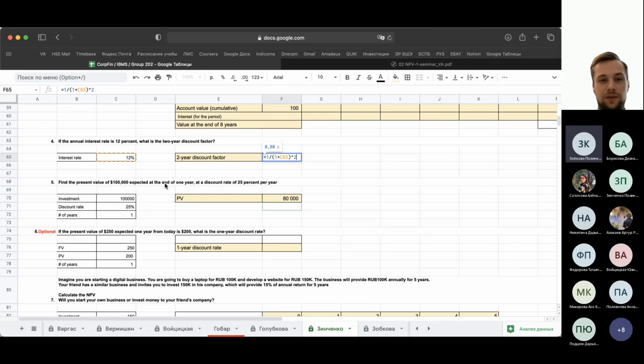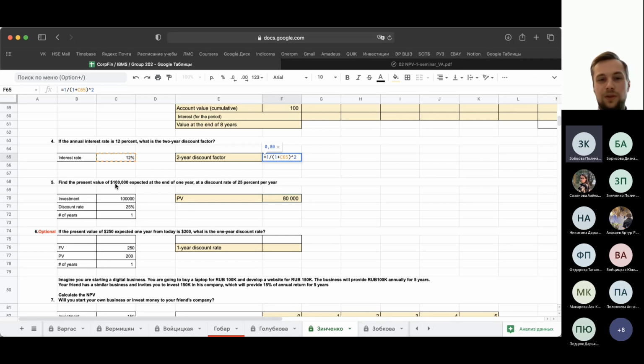So let's assume that you have an investment project, and you assume that at the end of the year you will get $100,000.